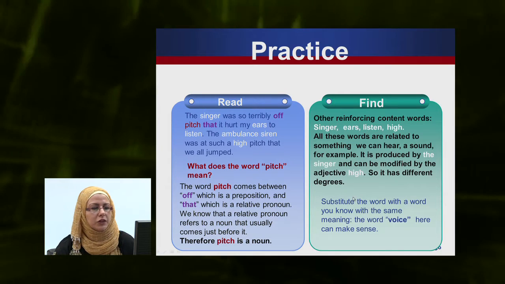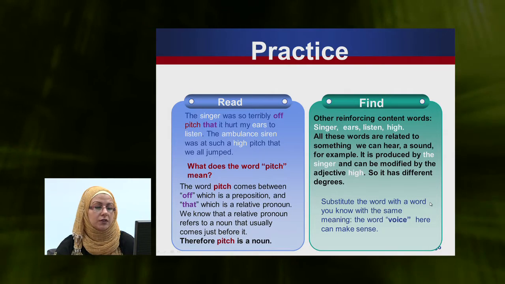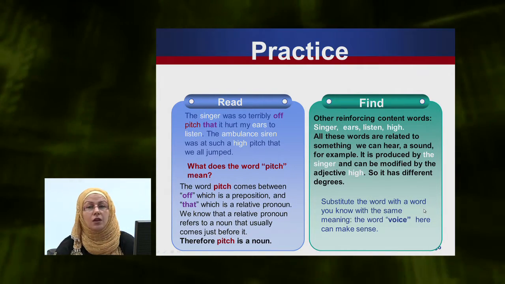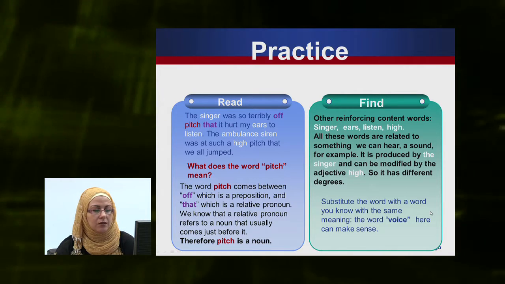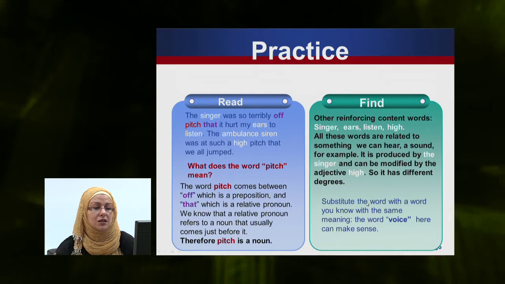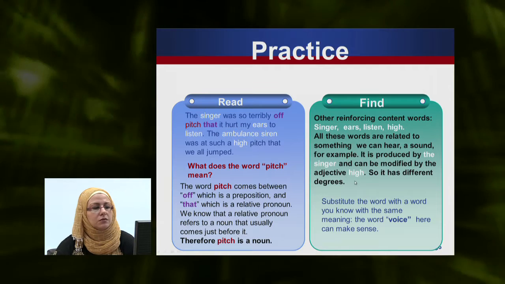Let's now move on to the next step. Let's try to substitute the word with a word we already know with the same meaning. The word voice may make sense here. It is something related to listening, something that we can hear.